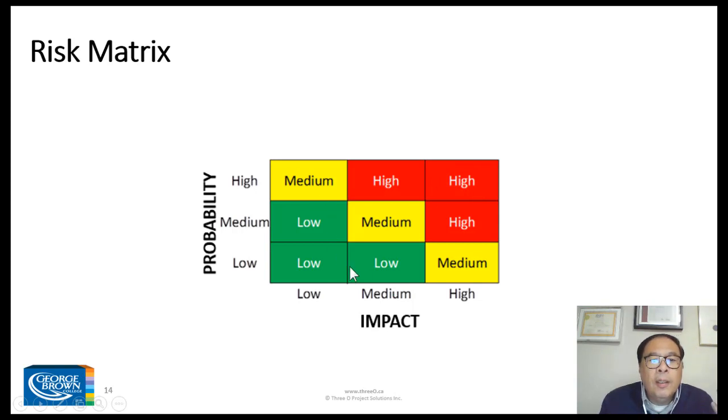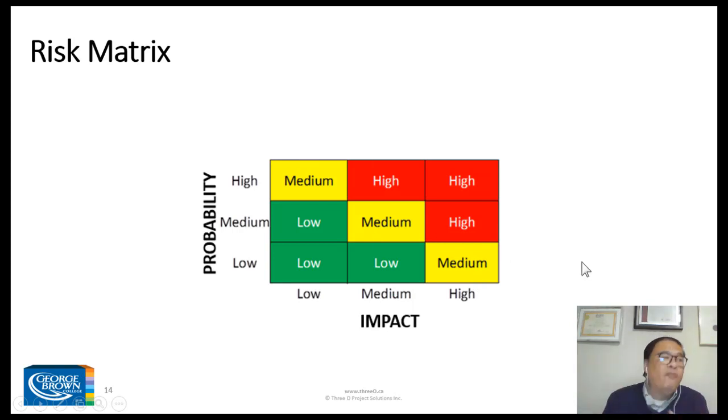For medium impact and high probability, it will still be a red, and similarly medium probability and high impact would be a high as well. But if you had a low probability but a high impact, it will become a medium. So this is something that you can appreciate, how things are being distributed.